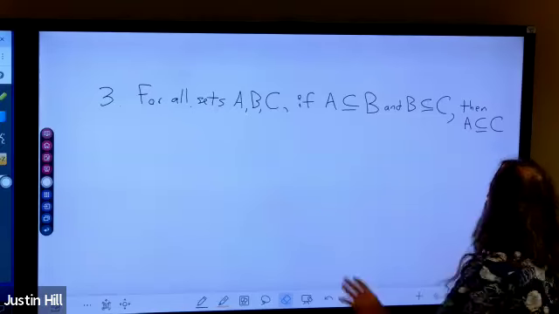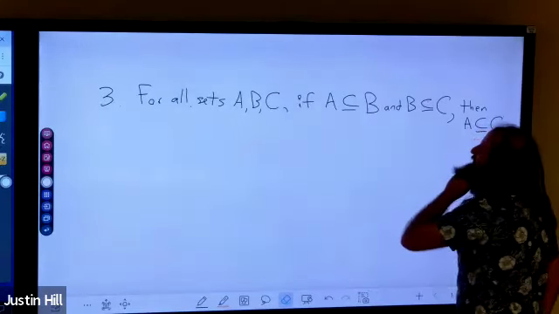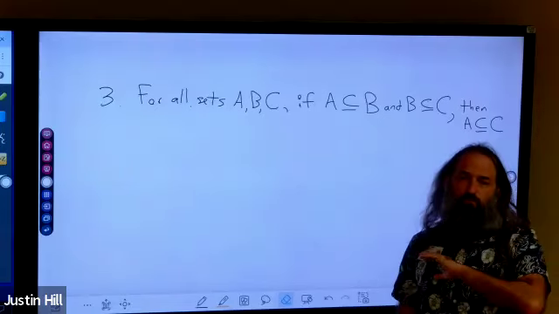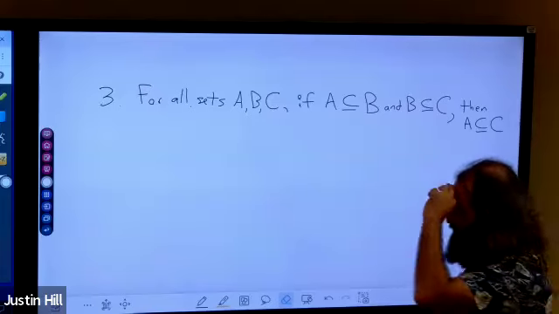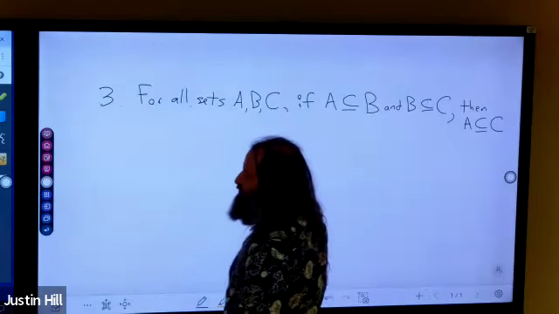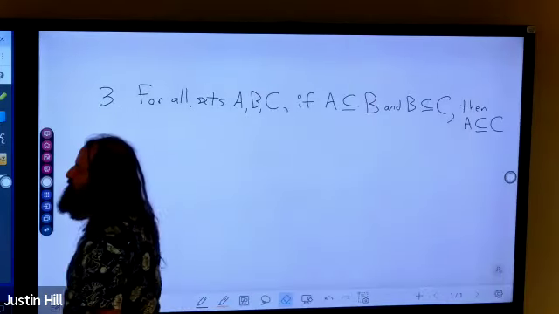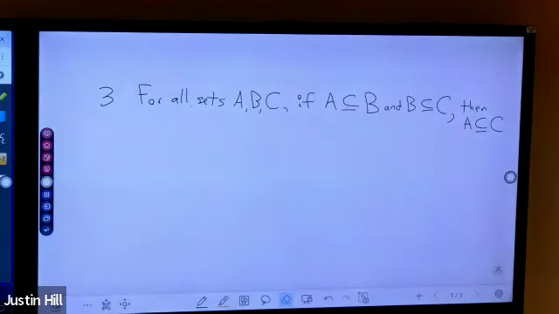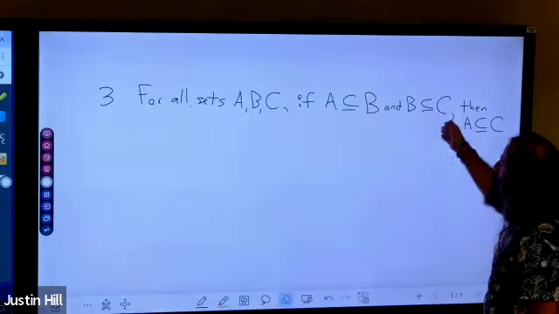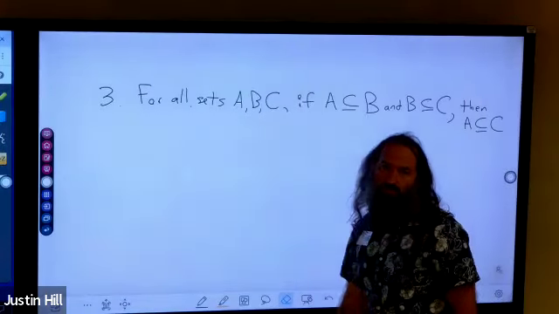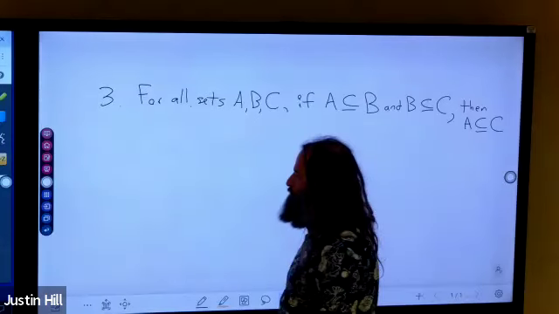So if we're going to prove something with subsets, then we need to make a proof exactly like we did in the last section. So this proof starts out with your if part. So we're going to suppose all of the if. And notice that's what she does there.